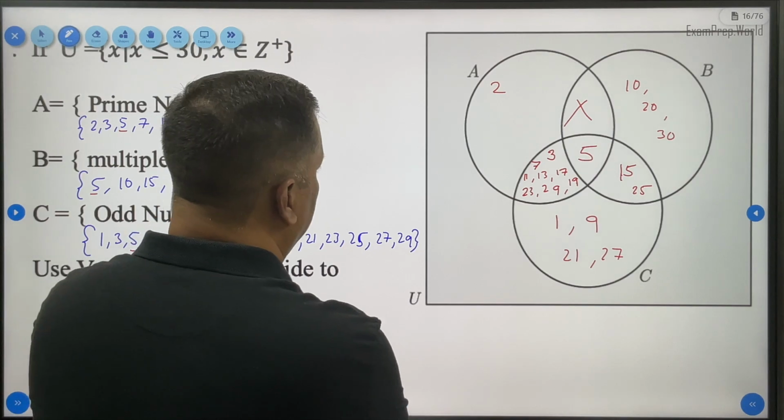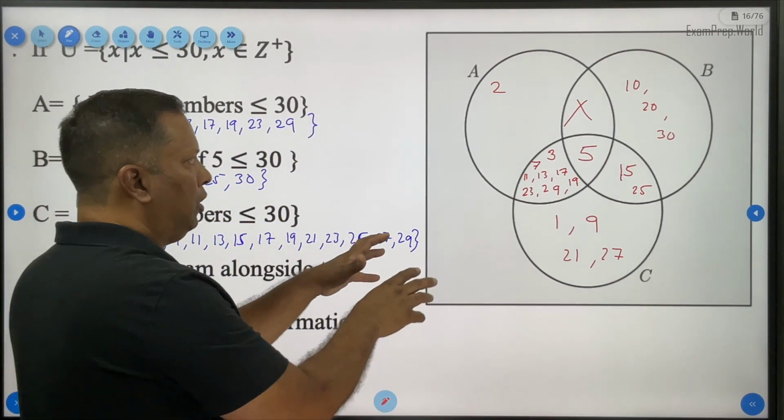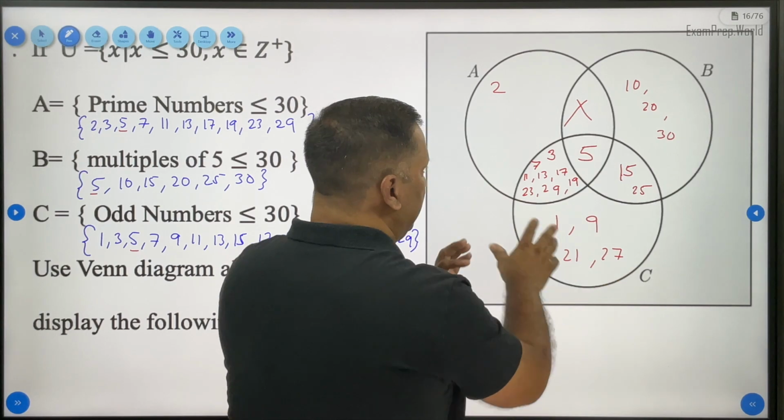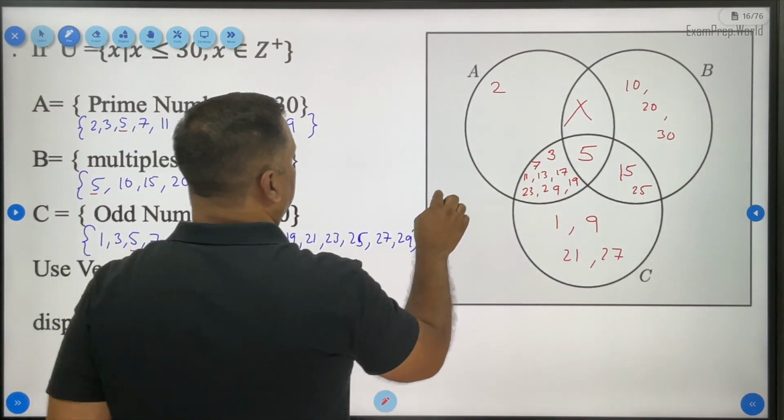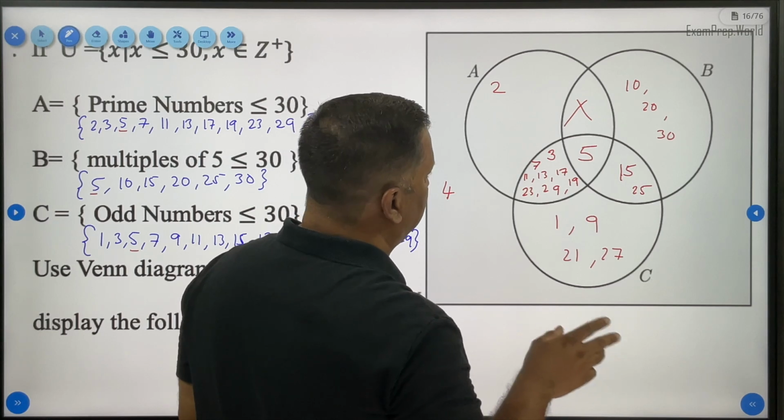So all other elements we have to write outside the sets. So we have 4. So 4 has to be written here. 5 is there. 6 is not there.